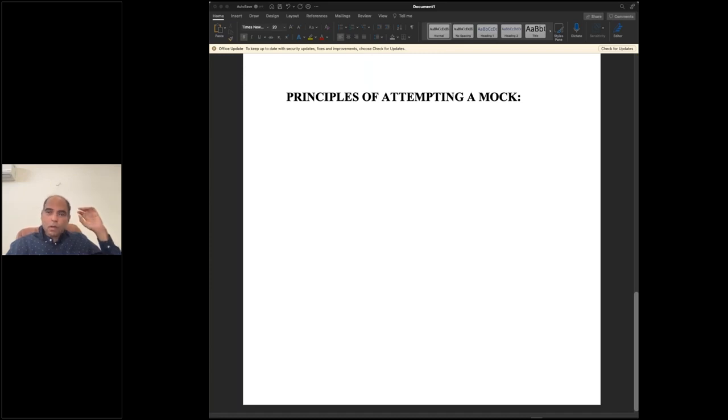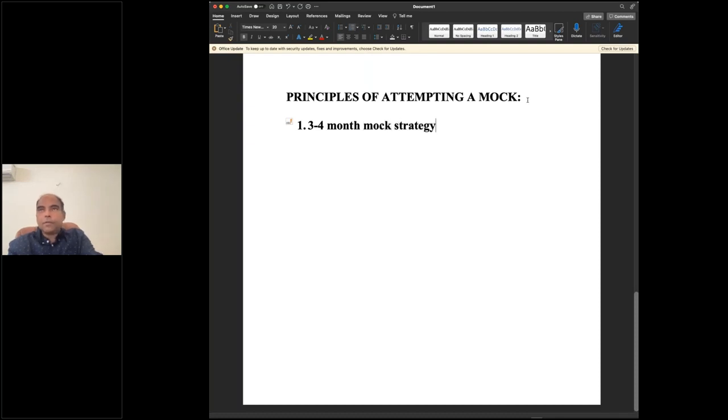But what I want to talk to you about, from the 100 percentiles perspective, is two angles. The first angle is the 3 to 4 month mock strategy that you should have, and the feedback you should be able to take.